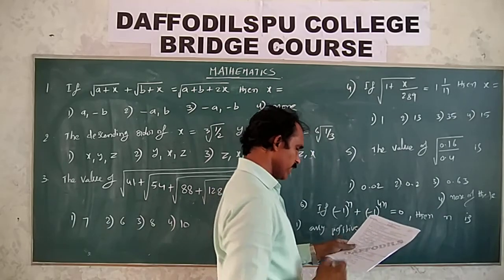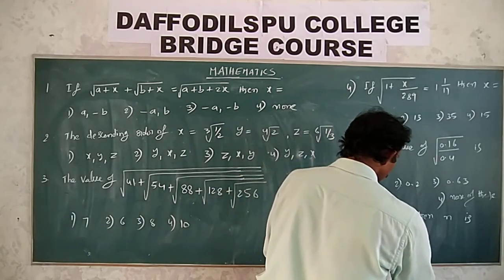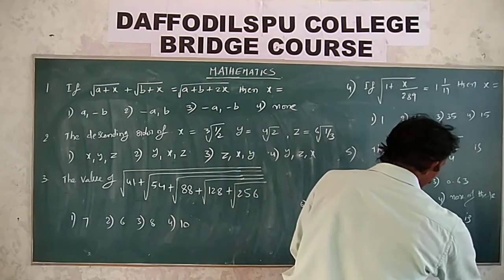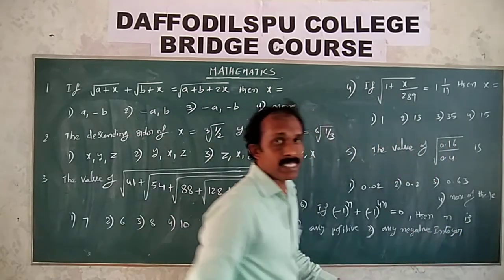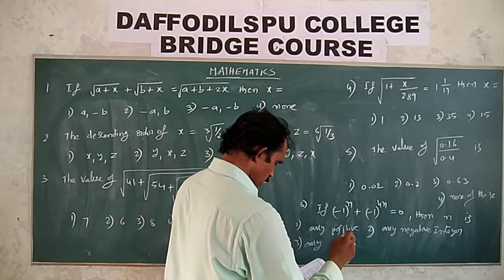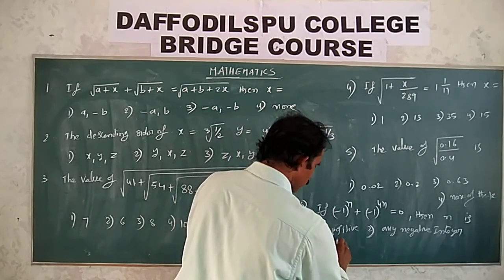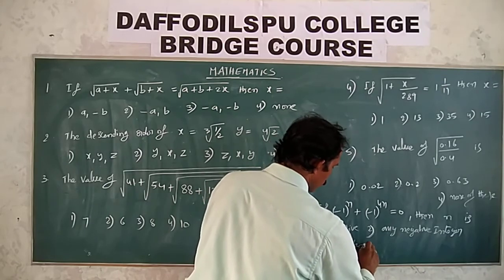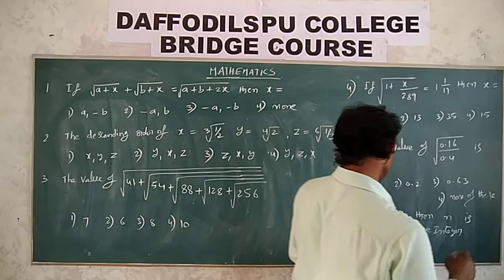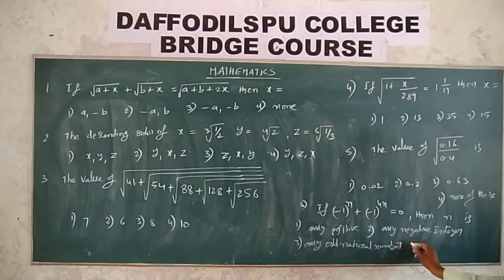Second option, any negative integer. Third option, any odd natural number. Fourth option, any even natural number.